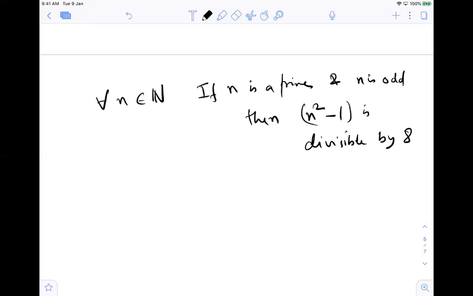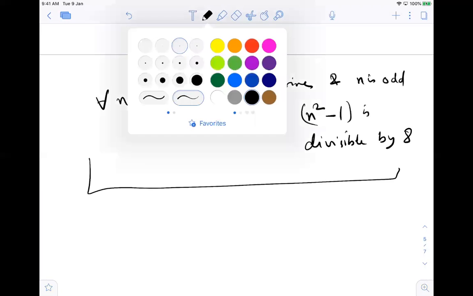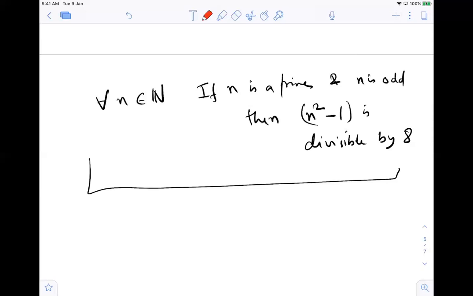So the whole thing is a proposition. Whether it is true or false, that's not the matter, but it is either true or false. That is something we know. Out of which this is the predicate, because it has a variable sitting there. And this is the quantification.